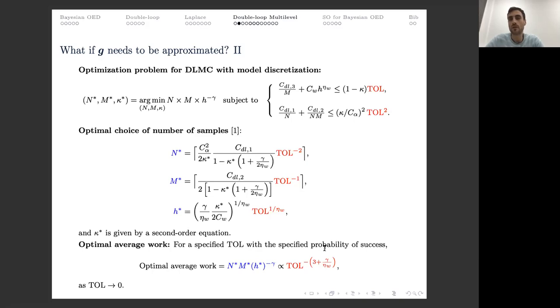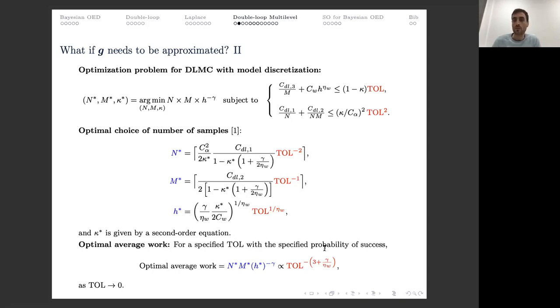If you check the bias constraint on the right, we have the additional term related to the mesh discretization, which is C_W times h to the eta_w. If we solve this minimization problem, we arrive at the parameters N and M as before, tau to the minus 2 and tau to the minus 1, but we also find the mesh discretization that we need for this tolerance, and it should scale with tau to the 1 over eta_w.